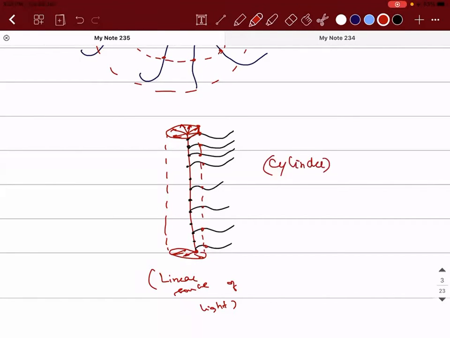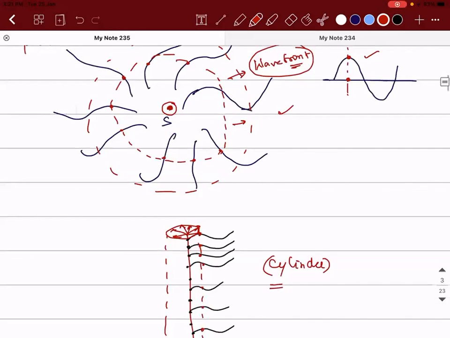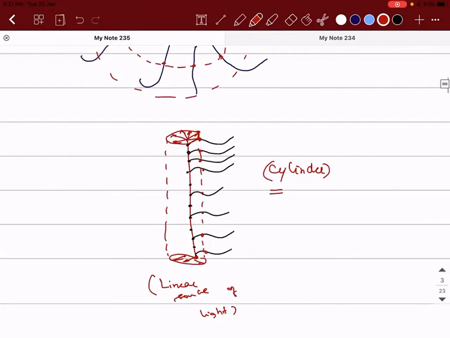What I'm trying to say is, when the light source is a point source in nature, the light will travel in the form of wavefronts which are spherical. Suppose you have a linear source of light, then the light will travel in the form of a cylinder.